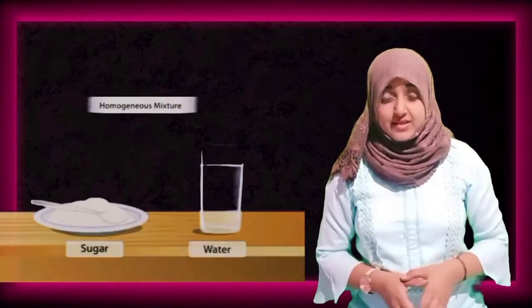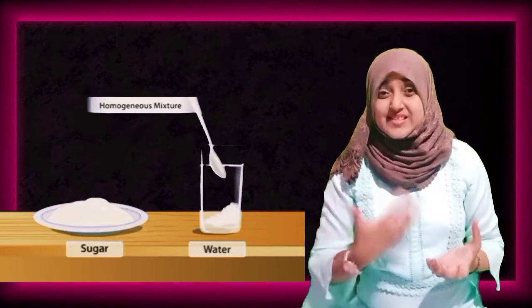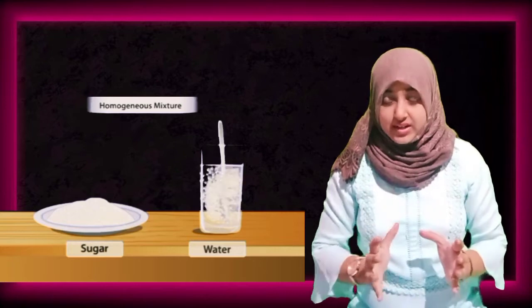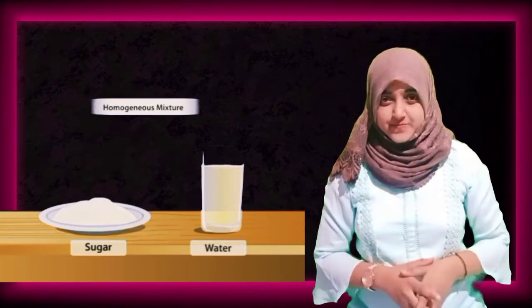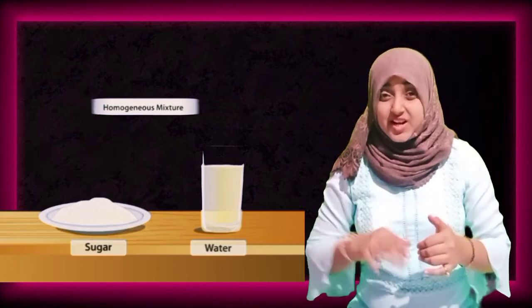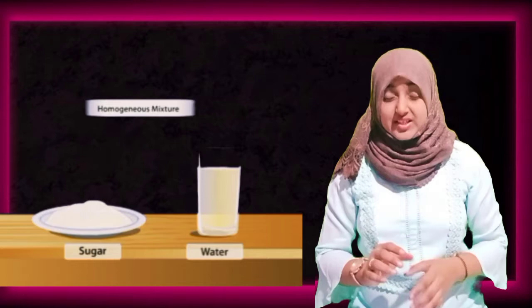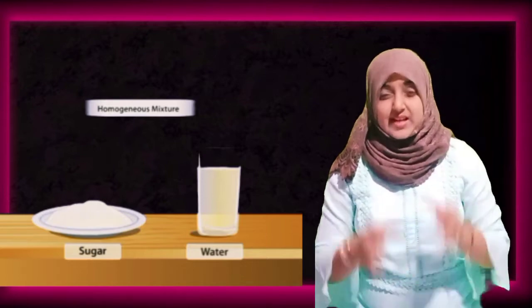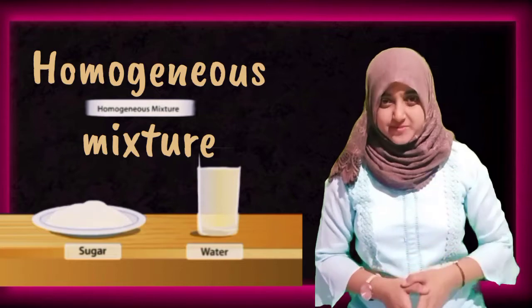For example, when we add sugar in water, the sugar blends in water, gets dissolved and is uniformly distributed throughout the water. Sugar particles are no more visible to us. So the mixture appears smooth, uniform, and such a mixture is called a homogeneous mixture.